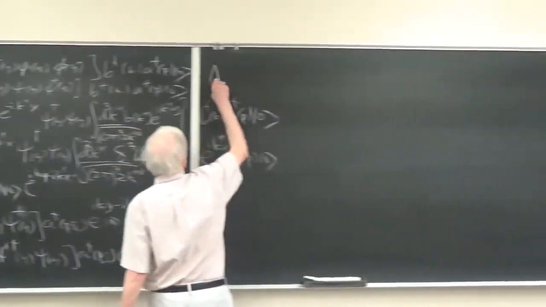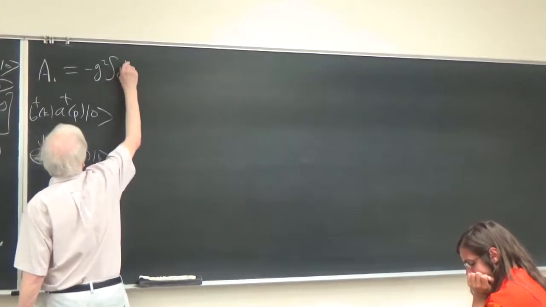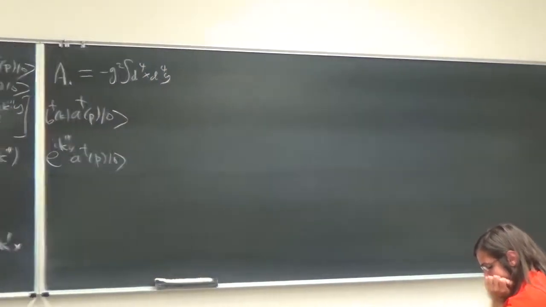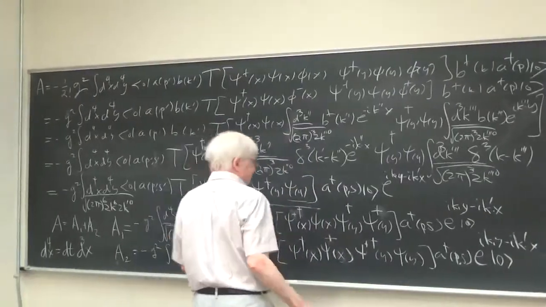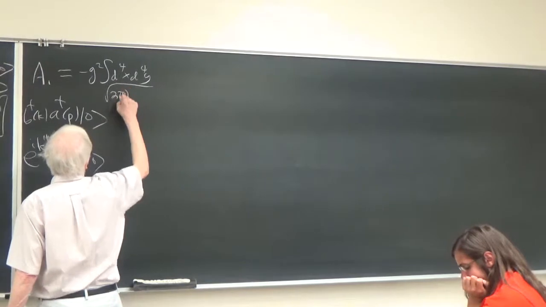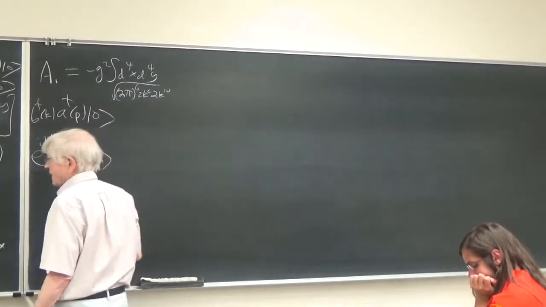It's going to be A1 equals minus t squared, and of course this factor here, 2 pi to the 6, 2k0, 2k prime 0.